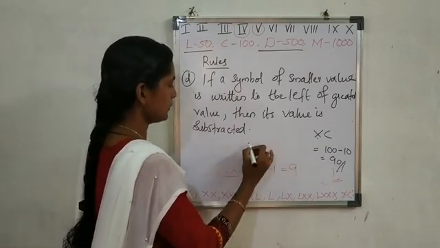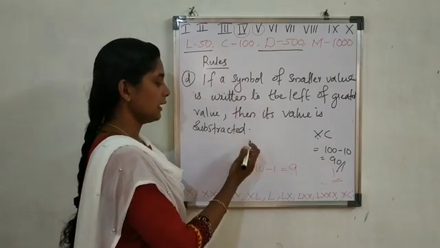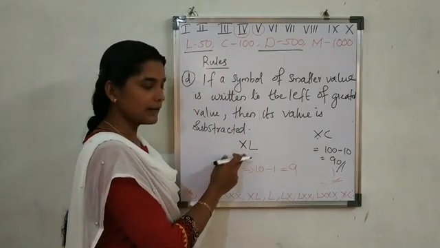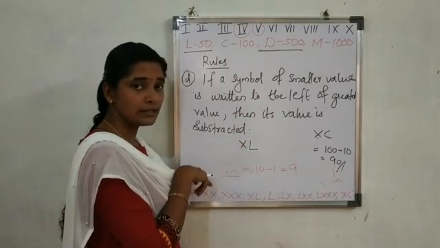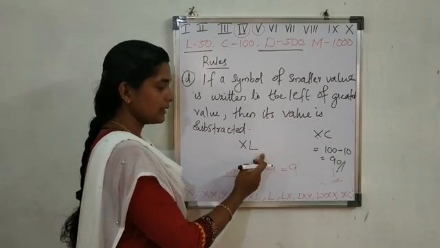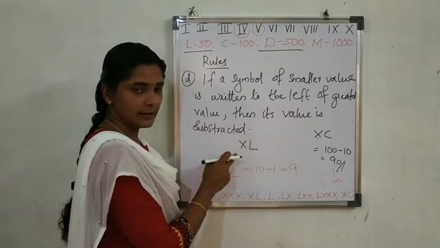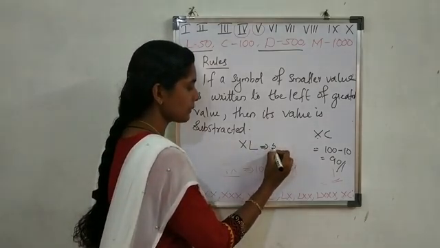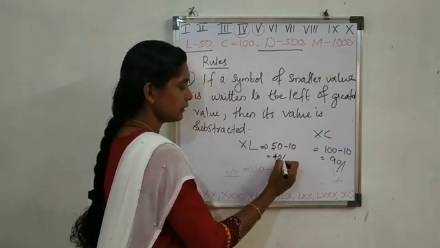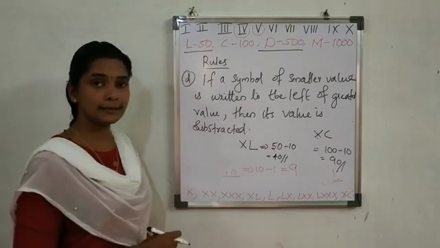One more I will show. L is 50, that you know. I just add X to the left side of this L. Greater one is 50 and X is 10. Therefore, we have to subtract 10 from 50. That is 40. XL is 40.